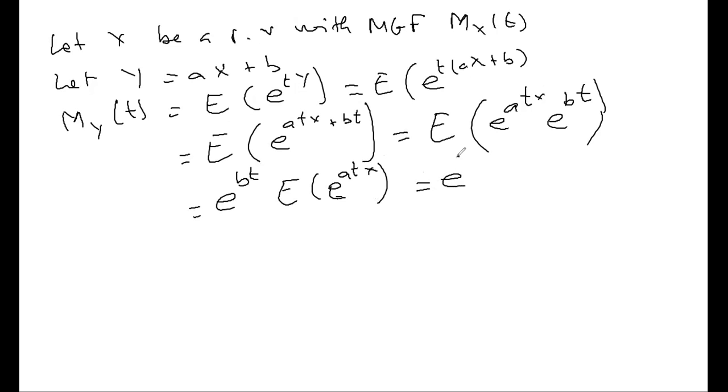We can write it as e^(bt) times the moment generating function of X at at.